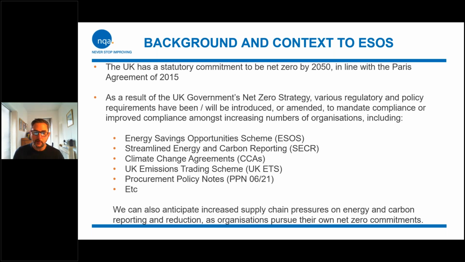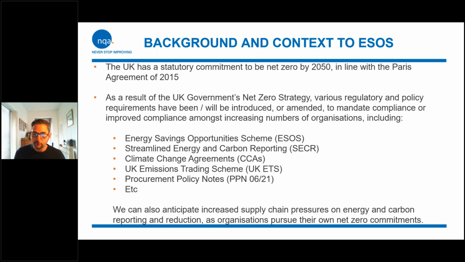The UK government have published their net zero strategy. You can download it and read it. It's about 200 to 300 pages long, but there's lots of interesting information in there about what the strategy will be to move the UK towards net zero.